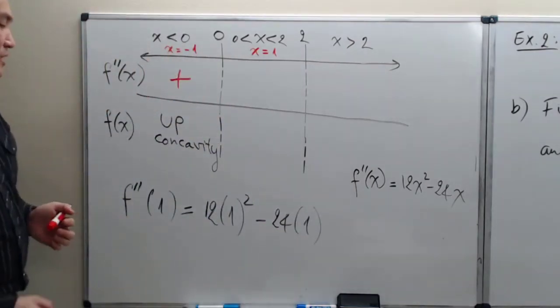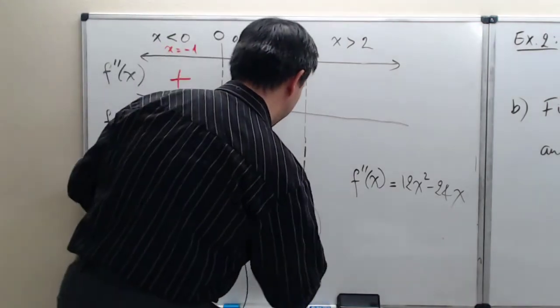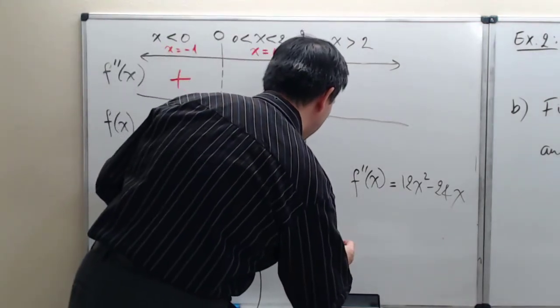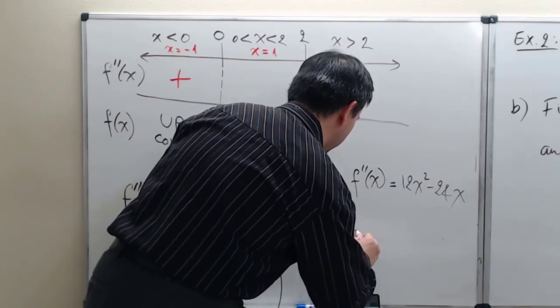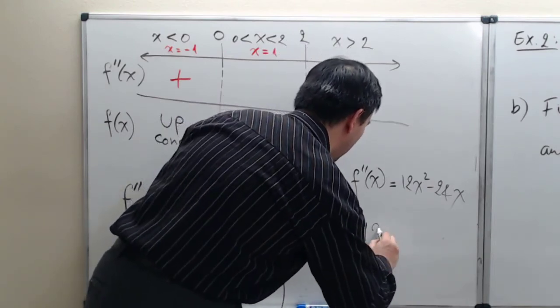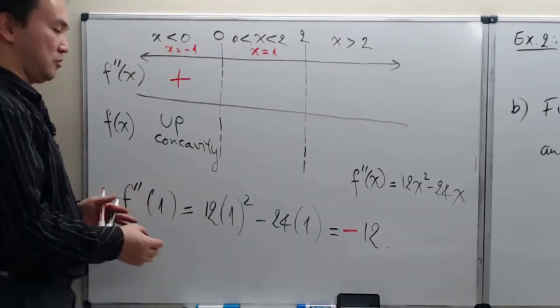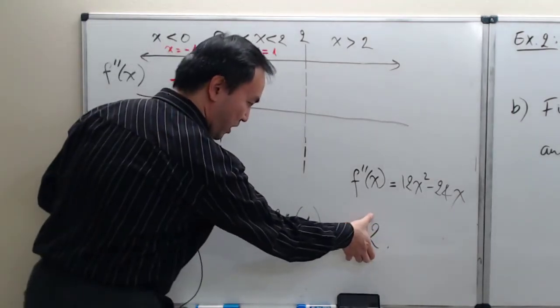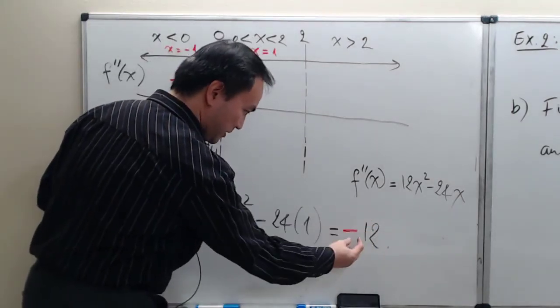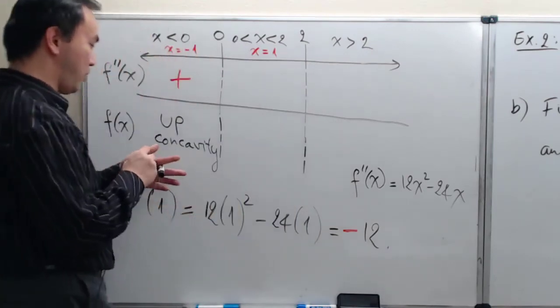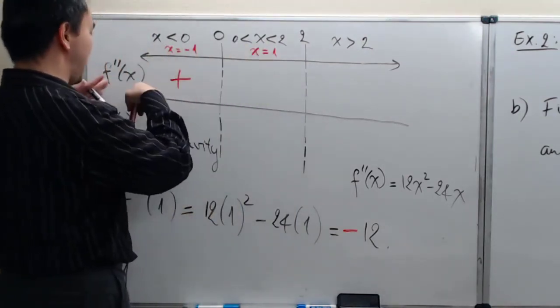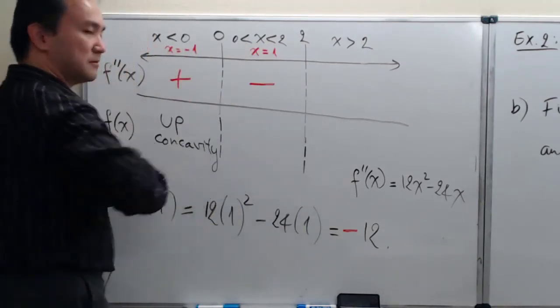That gives me negative 12. The value here is not what is important, but this sign is important. It tells me that in this interval, my second derivative has a negative sign.